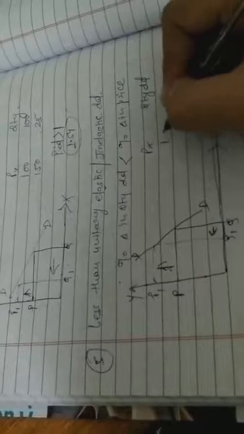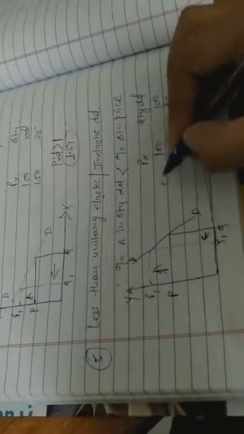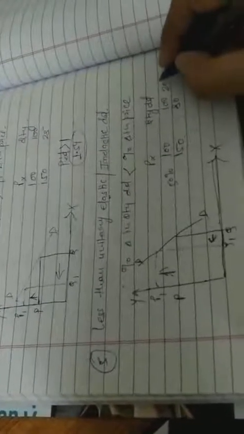For example, price and quantity demanded. Suppose price increases by 50% and demand falls by 20%. So there is a 50% rise in price, and demand falls by 20%, which means percentage change in quantity demanded is less than percentage change in price.